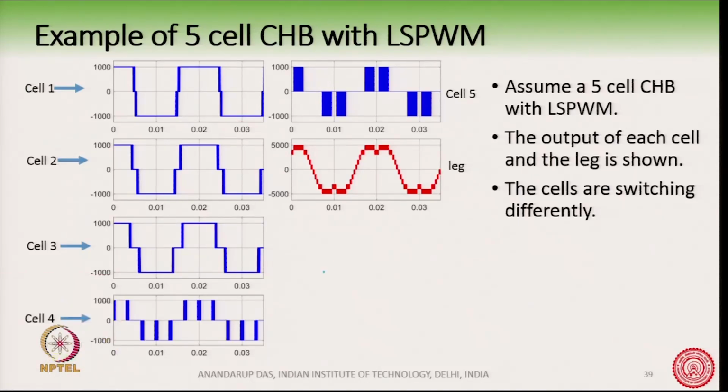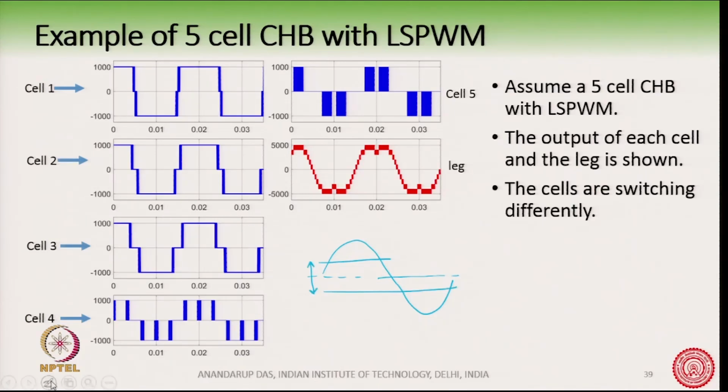This is because, as I have told you earlier, this is the sine wave I am trying to produce. So, cell 1 is taking the responsibility of producing one part of the waveform. Say, for example, cell 1 is producing the waveform here.